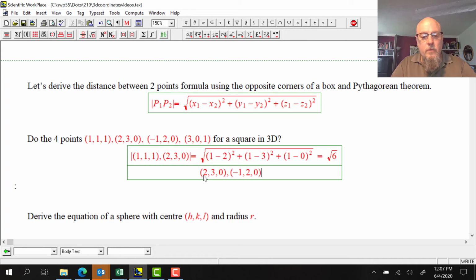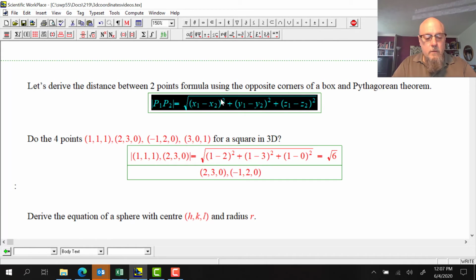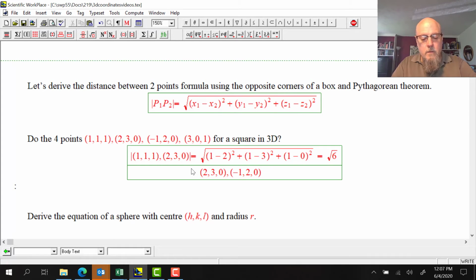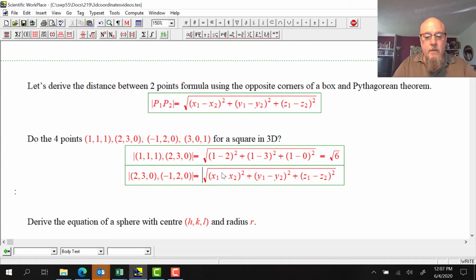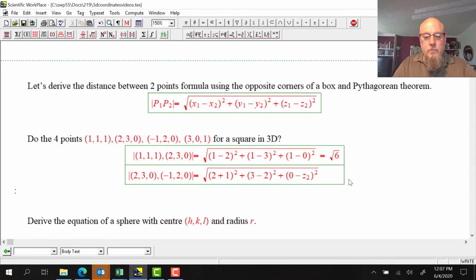So x1 is 2, y1 is 3, z1 is 0, minus 1, so a minus is a plus 1, 2, and 0.